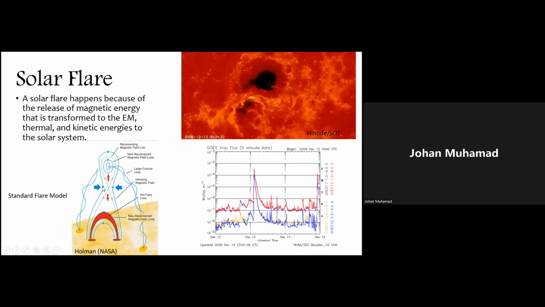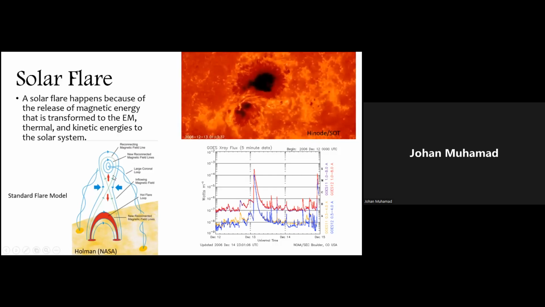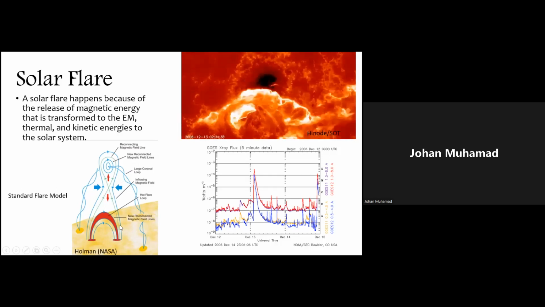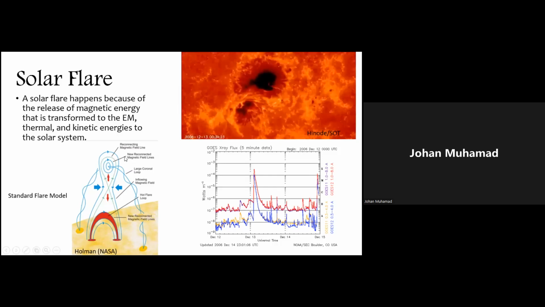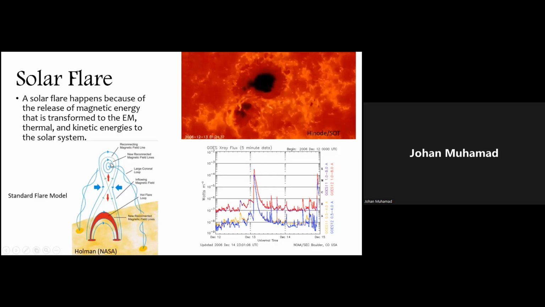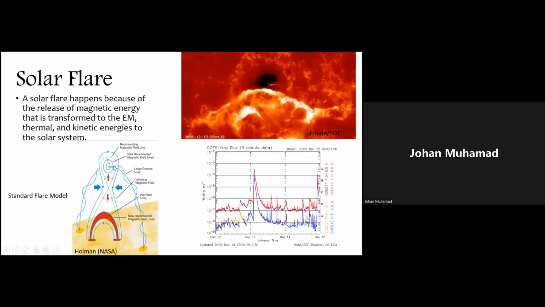We will later study what the meaning of magnetic reconnection is. And then due to this magnetic reconnection, some of the energy is transformed to other forms of energy like electromagnetic and also thermal and kinetic energies.